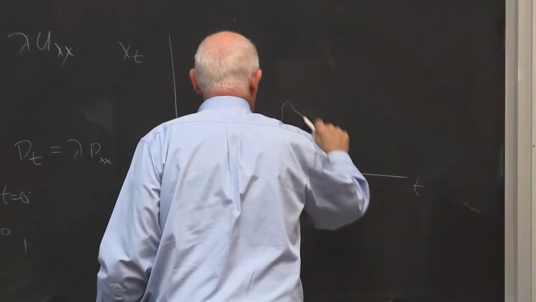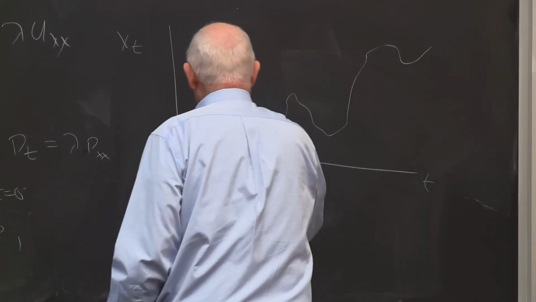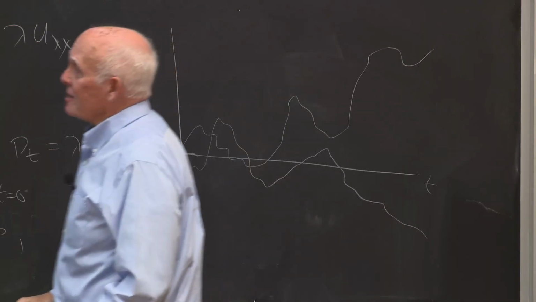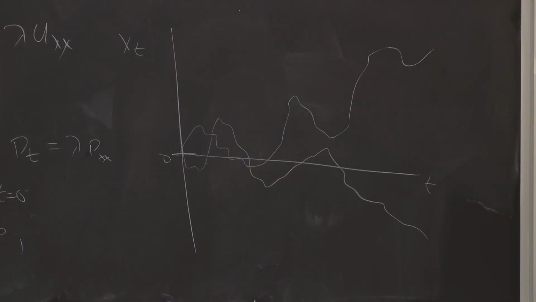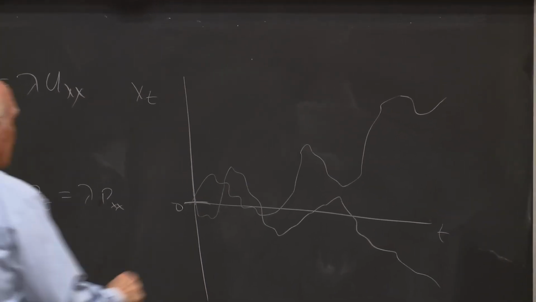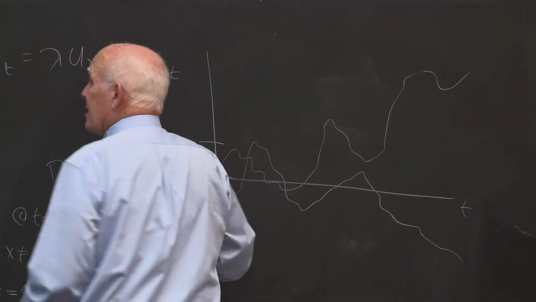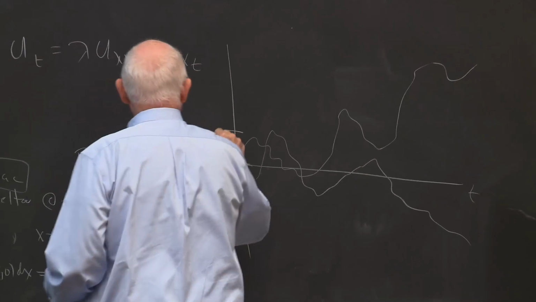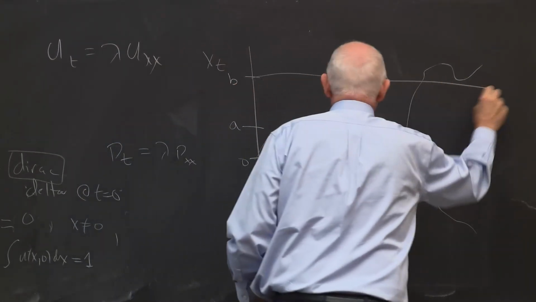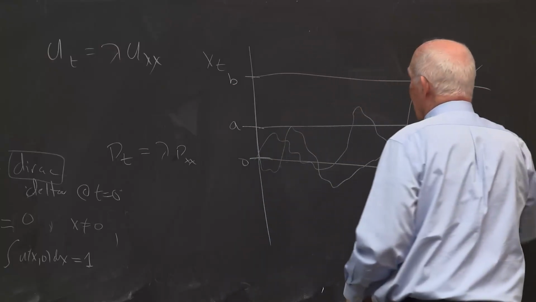And so we have different possible paths for this Brownian motion process. And we're going to be interested in basically an indicator for the path lying between the interval a and b.